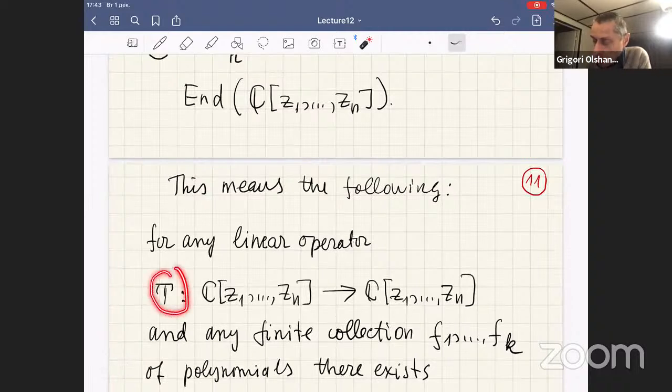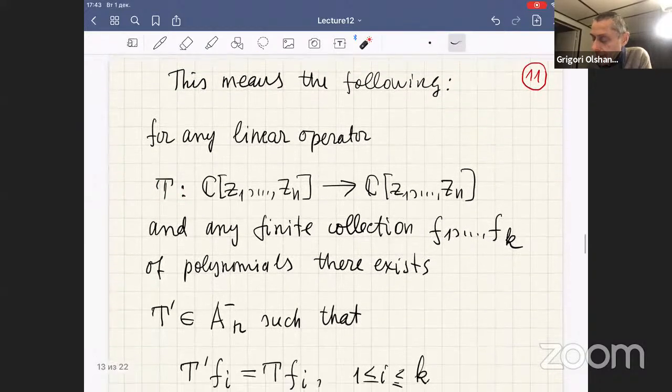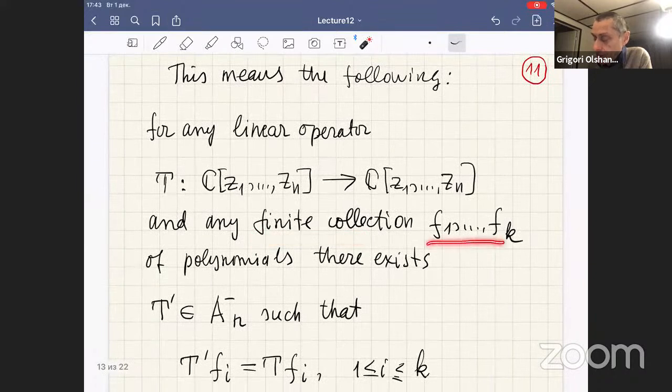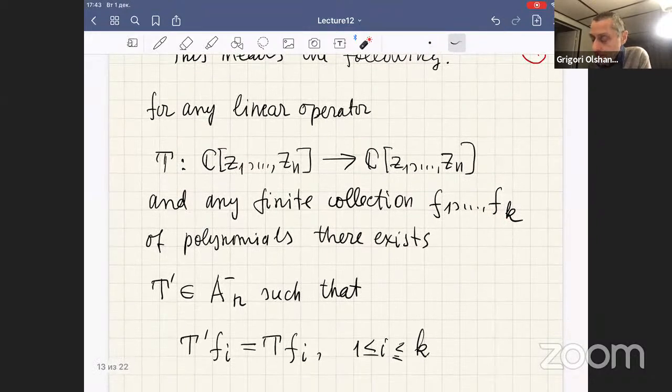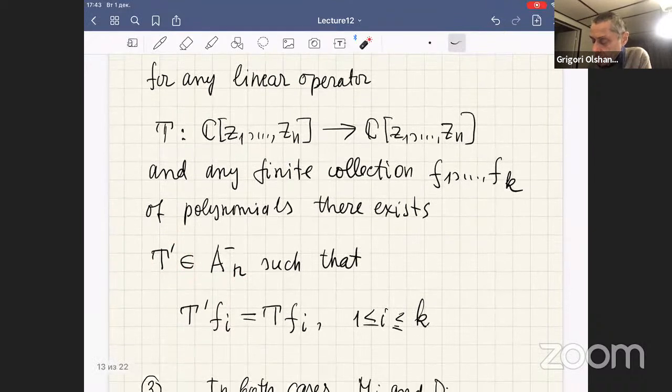Given an arbitrary operator on this space, and this is a countably dimensional space, so there are many, many operators, and the space of operators is very big, but given an arbitrary operator and an arbitrary finite collection of vectors, which are polynomials, one can exhibit some operator from our subalgebra which acts on these polynomials exactly as this operator does.